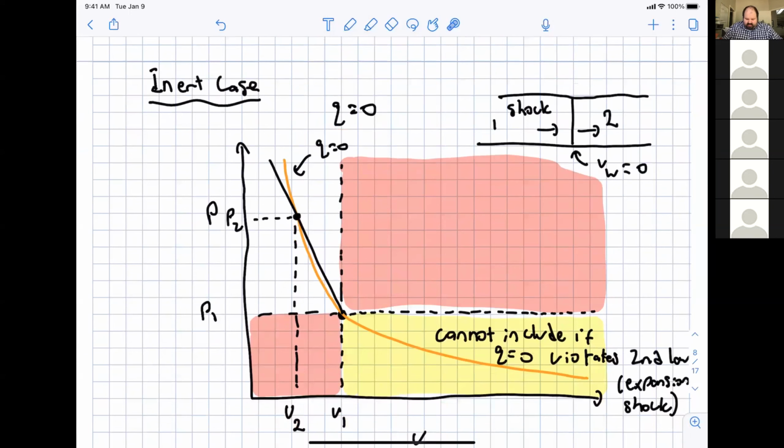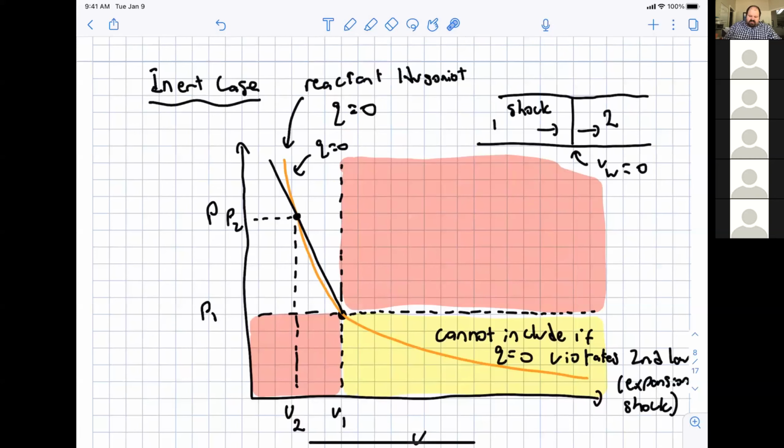That means your product Hugoniot is just inert, and so it's actually the reactant Hugoniot. Basically here you've not changed the chemical composition.